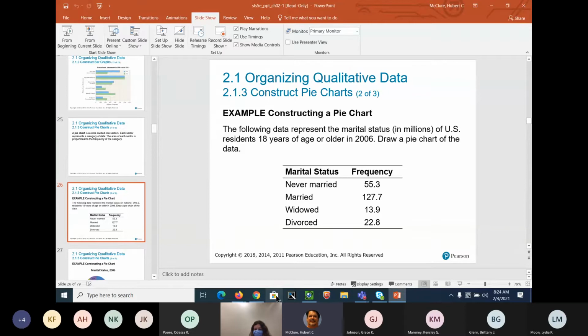So I'm going to write down this information while you're writing it down. Status and frequency. And never married. Good job on those people that's never married.